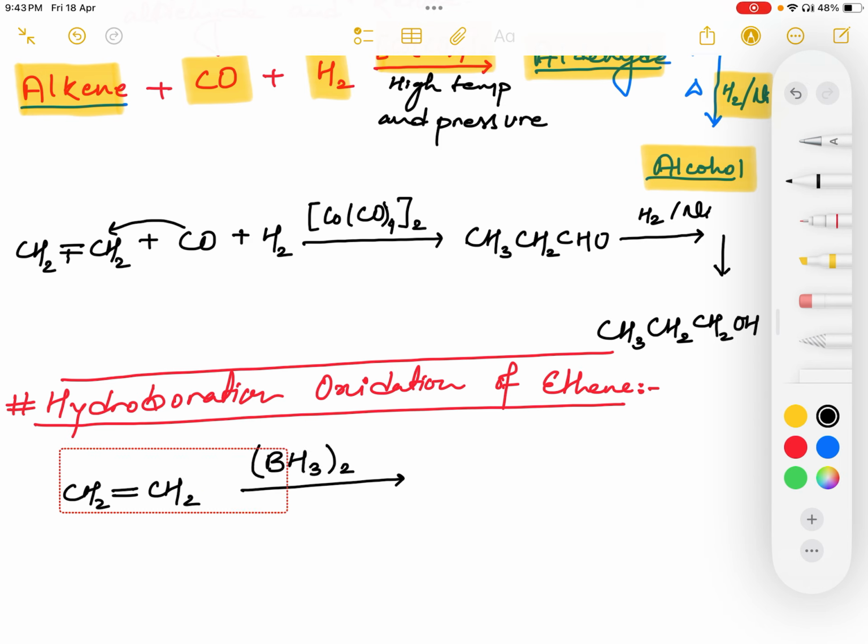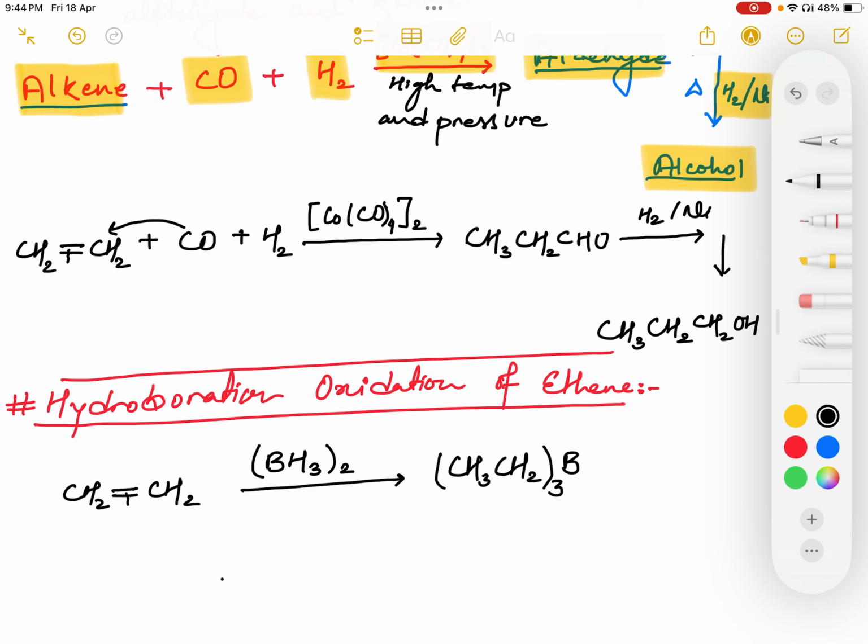What will it exactly give? It will give us trialkyl borane, or over here, triethyl borane, as we have an ethyl group. So the bond will break, it will have one hydrogen, it will form CH3, CH2, and triethyl borane will be right there.